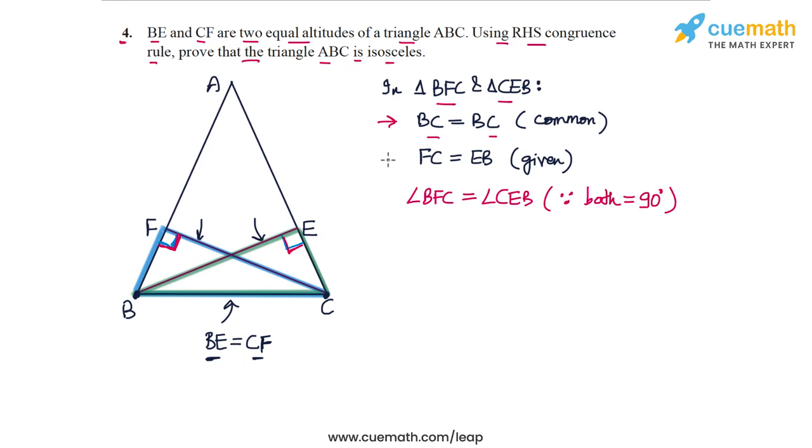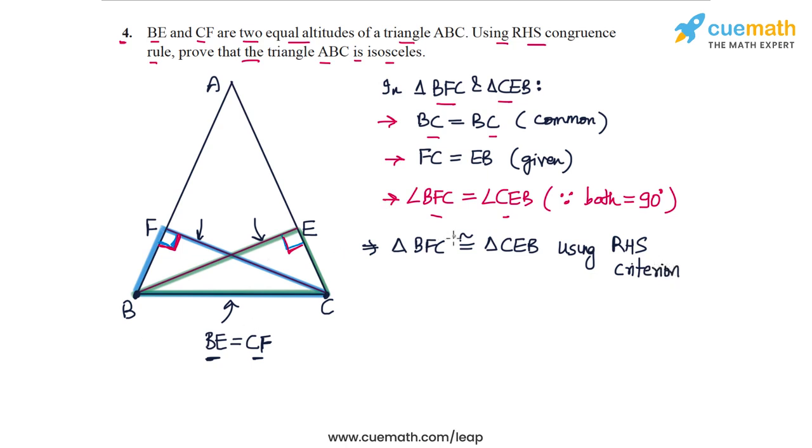We have one pair of sides equal, and we have these two right angles equal, and hence we can claim that the two triangles are congruent by the RHS congruence criterion. So we have triangle BFC congruent to triangle CEB using the RHS congruence criterion.